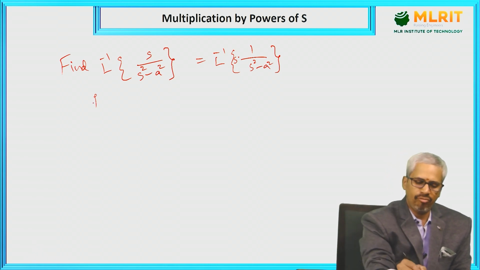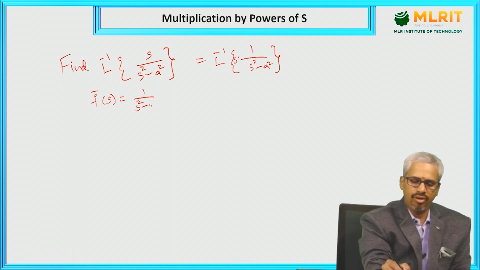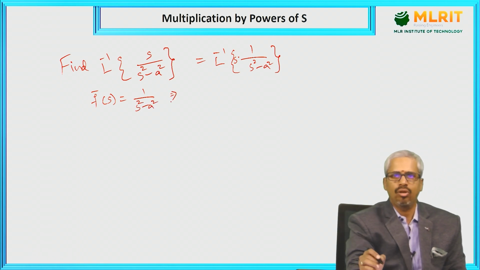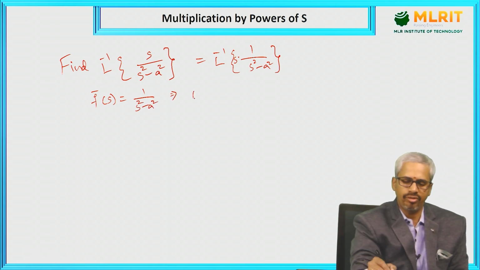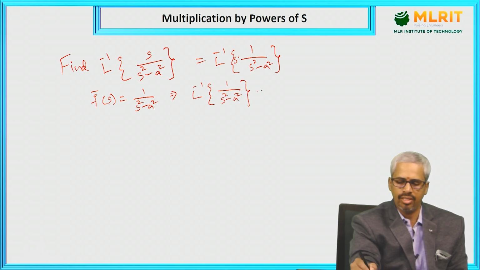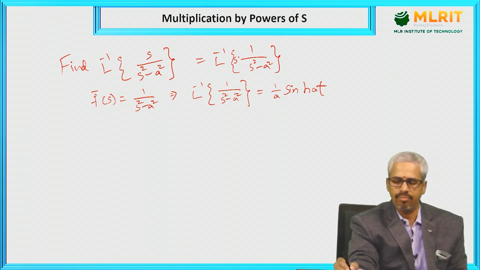What is f bar of s here? 1 upon s square minus a square. Now, you know L inverse of f bar of s. Direct formula is there. L inverse of 1 by s square minus a square can be written as 1 by a sin h a t.